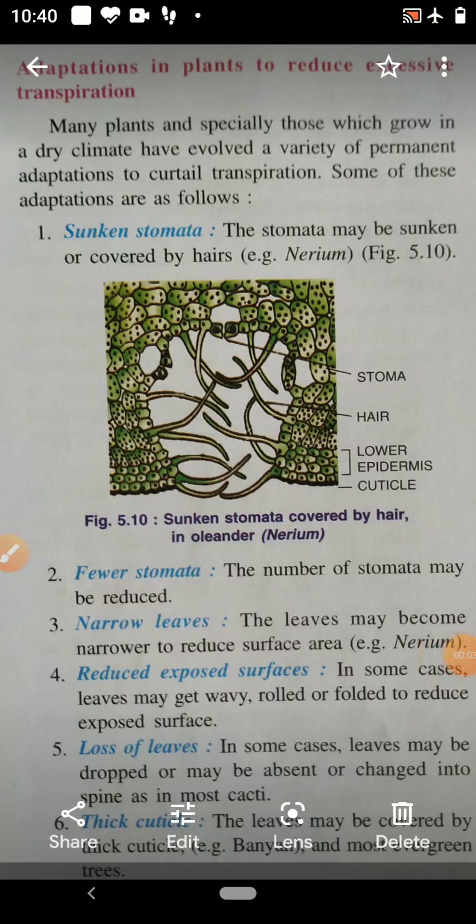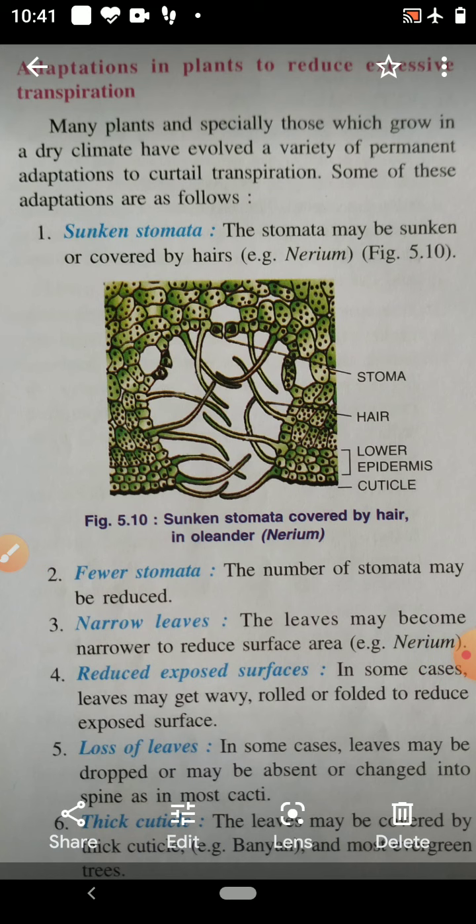I am going to explain to you adaptations in plants to reduce excessive transpiration. So many plants are growing in dry climatic conditions. There is a shortage of water.